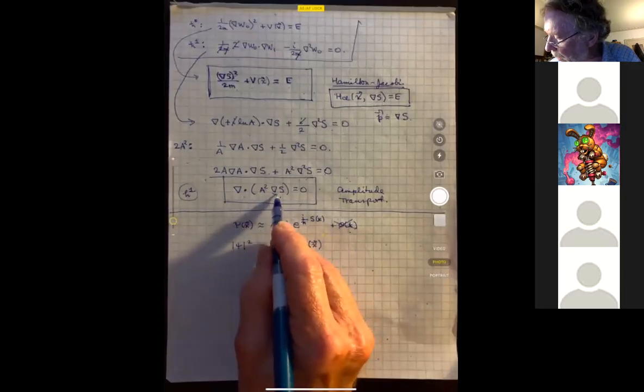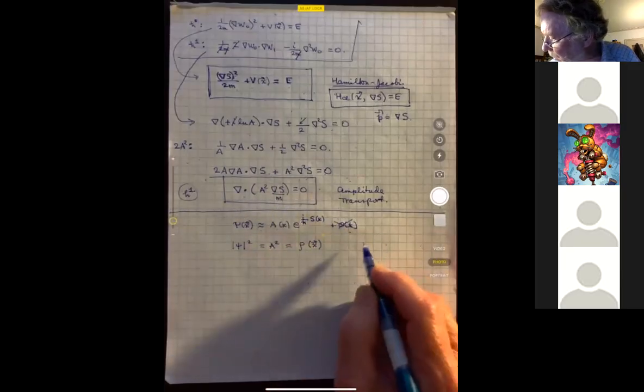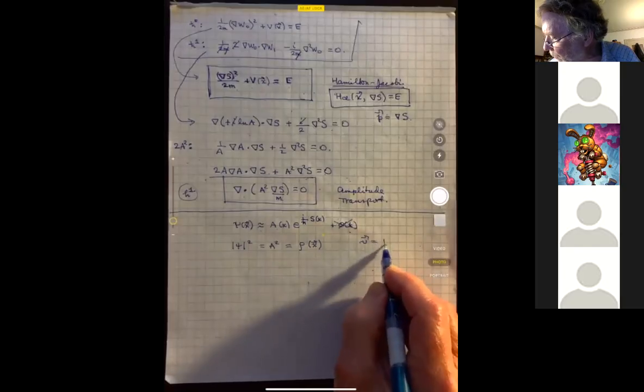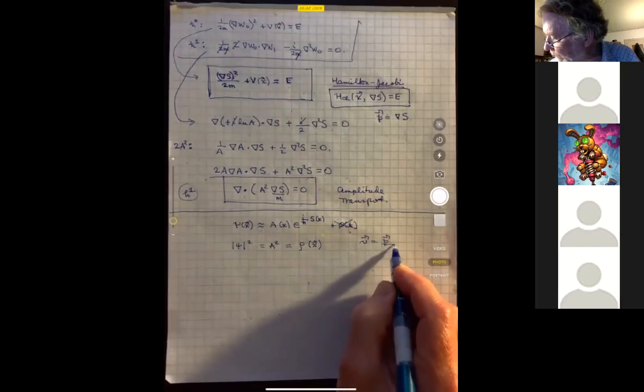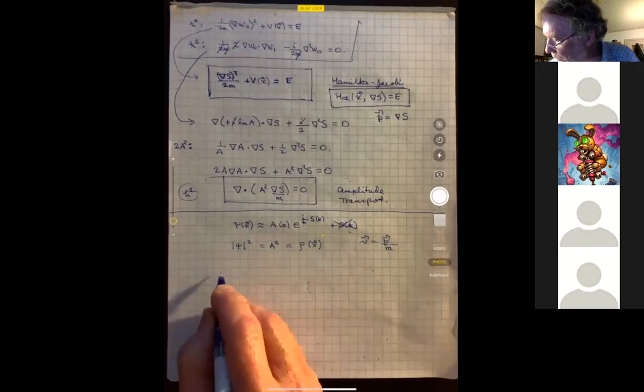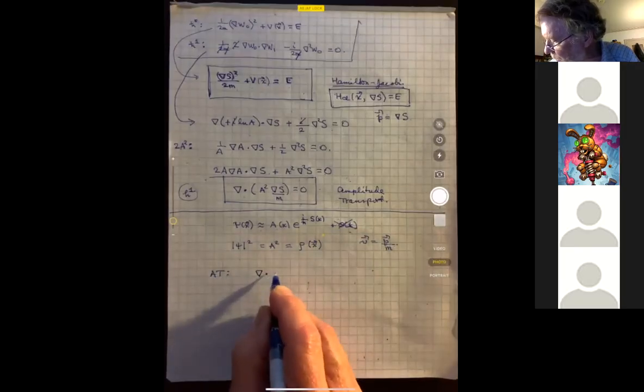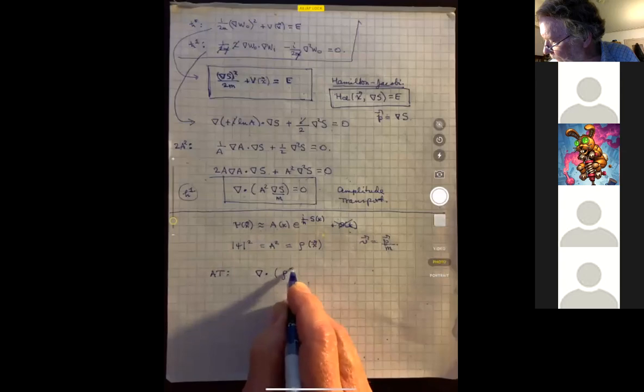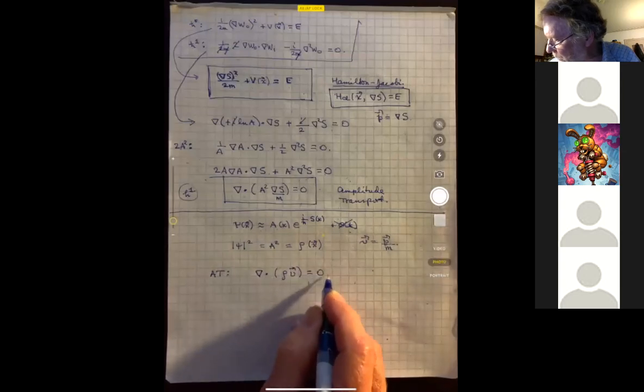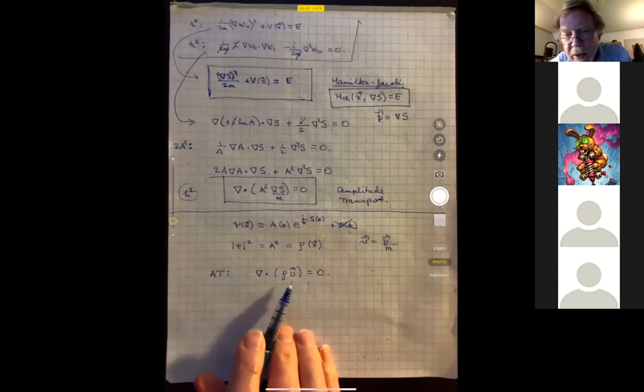By the way, if I take the del S and divide it by the mass, that gives me the velocity, which is equal to the momentum divided by the mass. So the amplitude transport equation can also be written this way: the divergence of rho times v is equal to 0. Well, the v you see here is the velocity of that classical ensemble of particles.